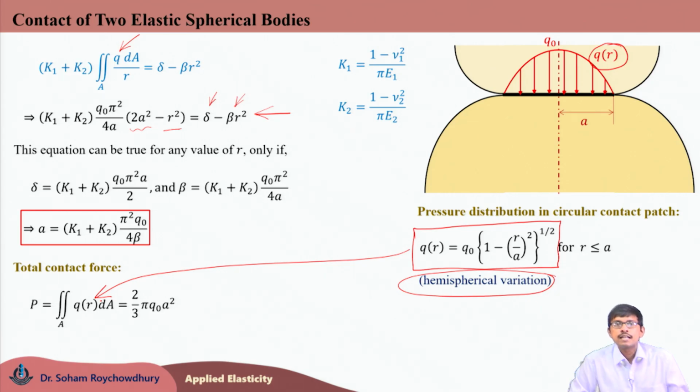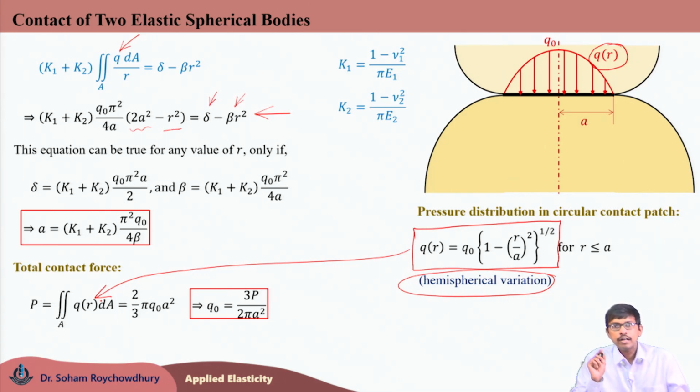This gives us the total contact force, using which q naught and P can be related as q naught, the maximum pressure intensity generated, equals 3 times the applied normal load P divided by 2 pi a square, where a is the contact patch radius.